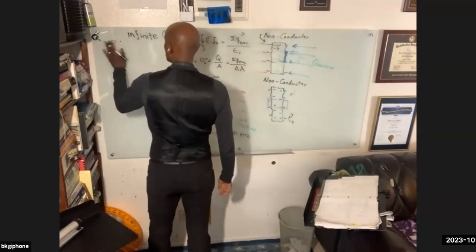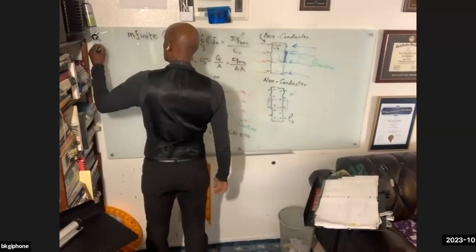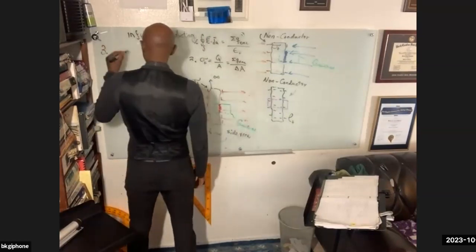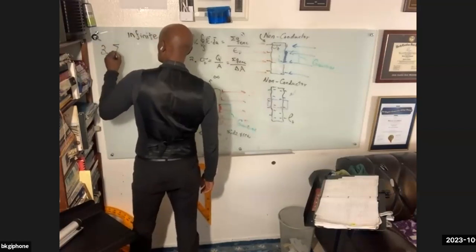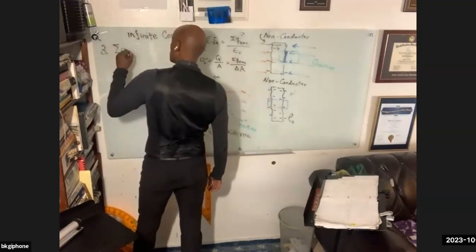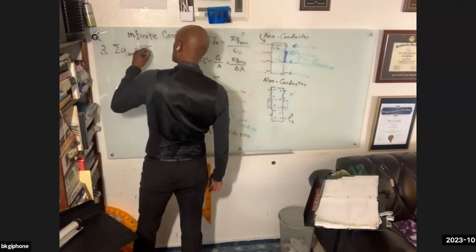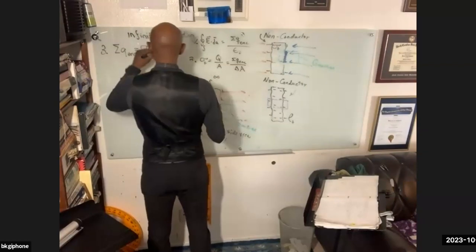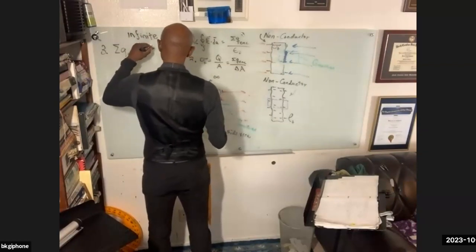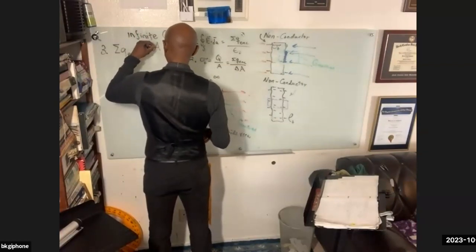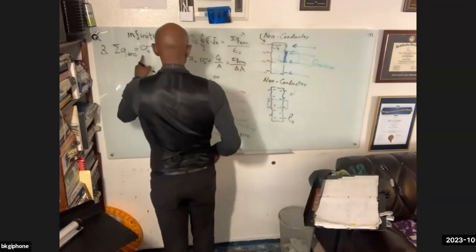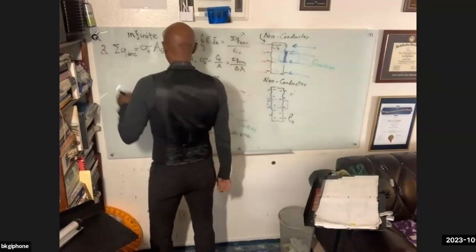And so then 3, we can say that the charge enclosed equals sigma plus times the area of my Gaussian. And so I can take 3 and put it up in here.